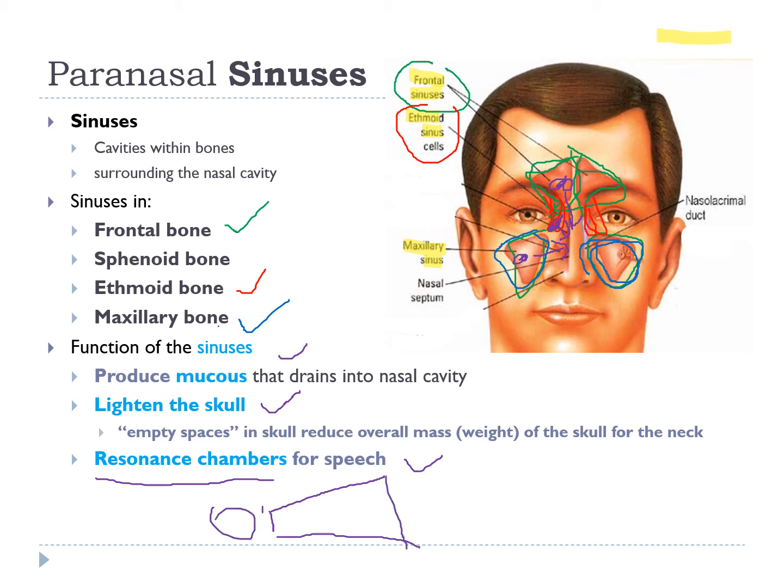And someone would hold the cone to their mouth, and that's because the cone would act as a resonance chamber, and it would amplify or increase the volume of what the speaker was saying. So the sinuses act as resonance chambers, natural megaphones for our speech.